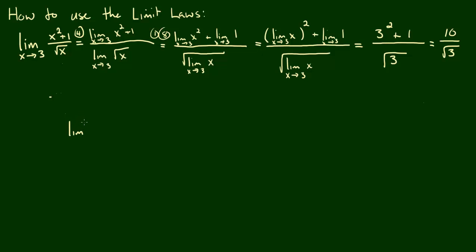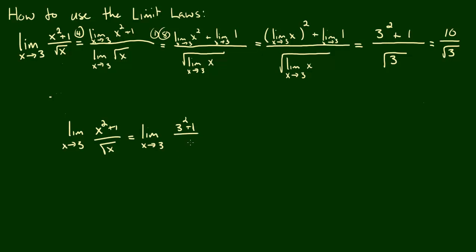We're going to try to find the limit of x squared plus 1 all over the square root of x as x approaches 3. The limit laws are usually going to look like this. We are just going to go ahead and put the 3 in on the top and the bottom where the x's are. And when we put the 3 in on the top, we're going to get 3 squared plus 1.